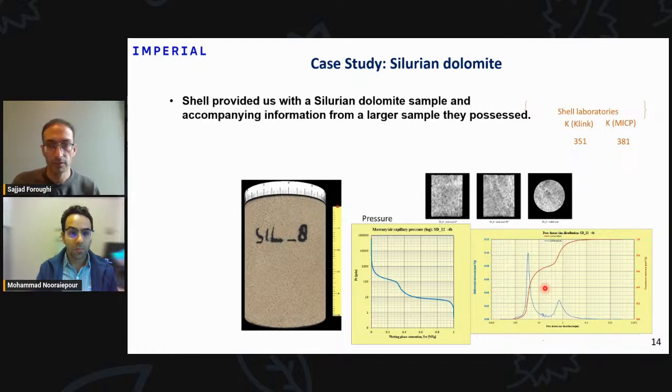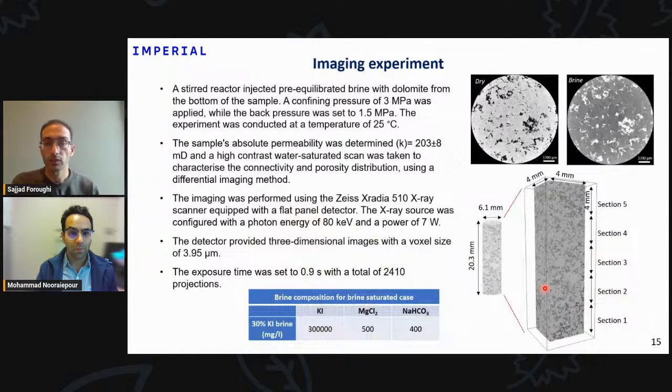MICP is also provided. So we took this image. This is a micro core, a miniature core with 20 millimeter length and 6 millimeter diameter. We did one dry scan and one fully saturated with brine, with 30% KI, and we were able to do the differential imaging and extract the porosity map. At the same time, the permeability from the experiment that we did is around 200 millidarcy.